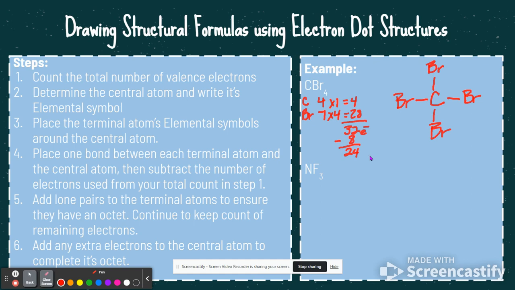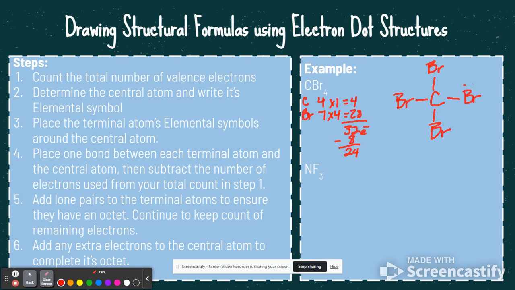Okay, so it says add lone pairs to the terminal atoms. We know that each bromine came to the compound with 7 electrons total, right? That's its valence. And one of them is participating in the bond. Okay, so each of these bromines are still owed 6 more electrons.